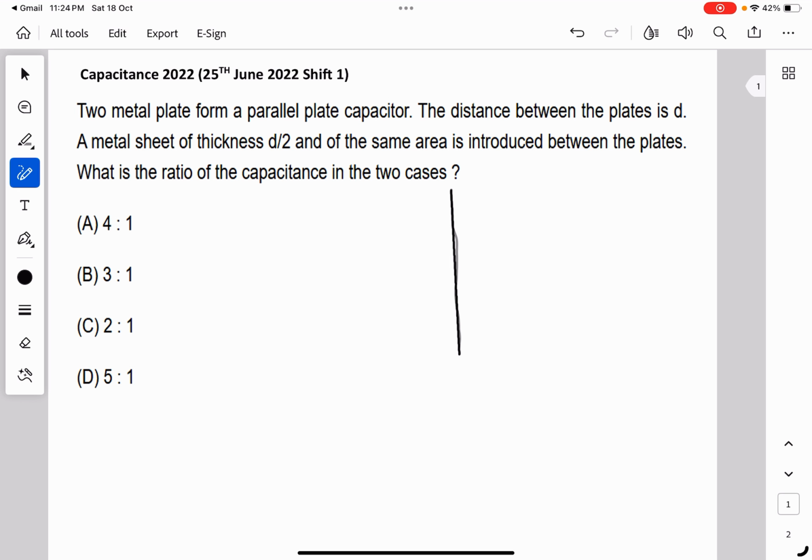So we have a parallel plate capacitor. These are the two plates of the capacitor. Let us say this side carries a charge of plus q and this side carries a charge of minus q.